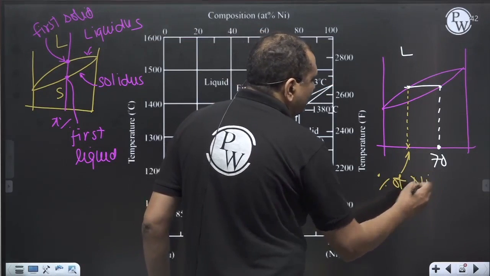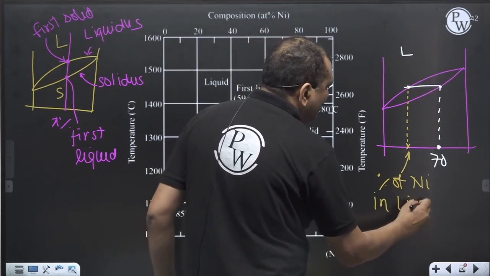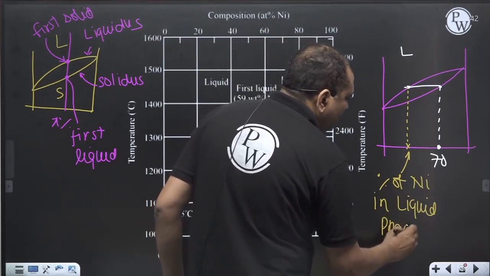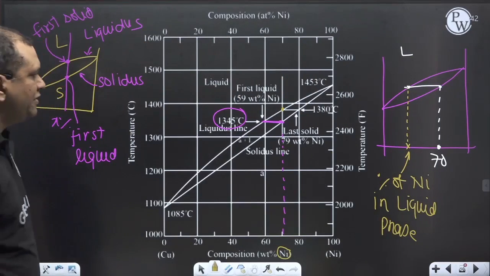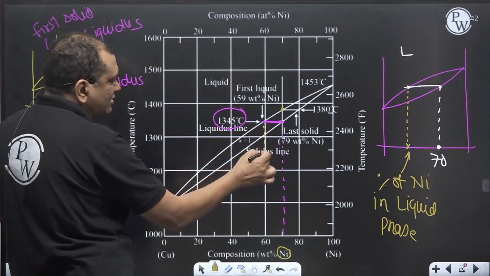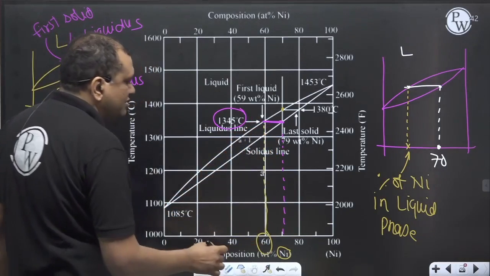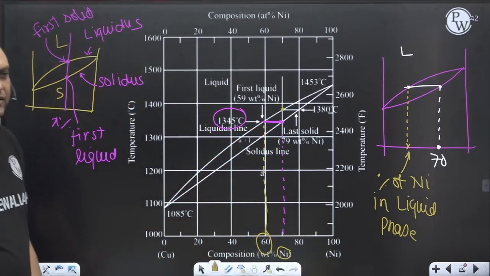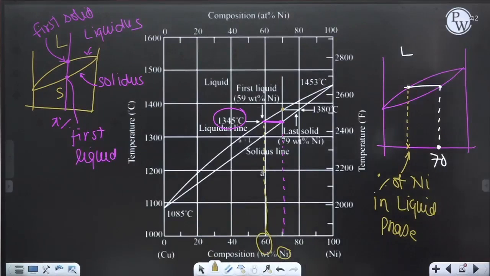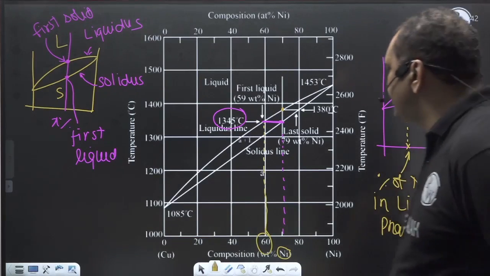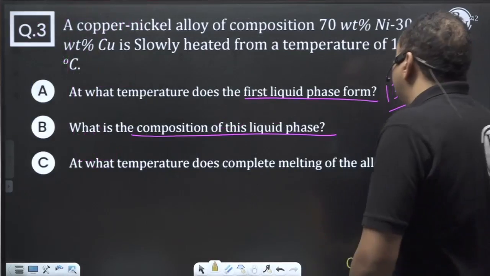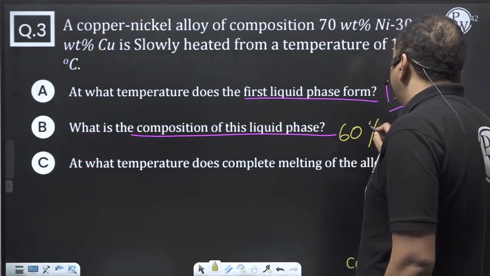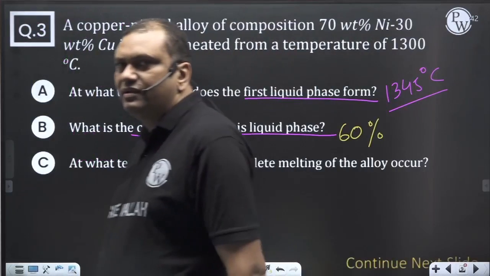From the graph I can see that it is 60%. Look at the graph closely. So this answer will be 60%.